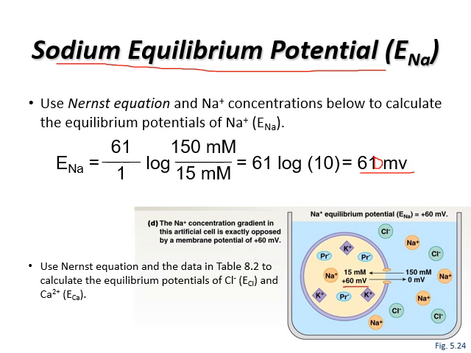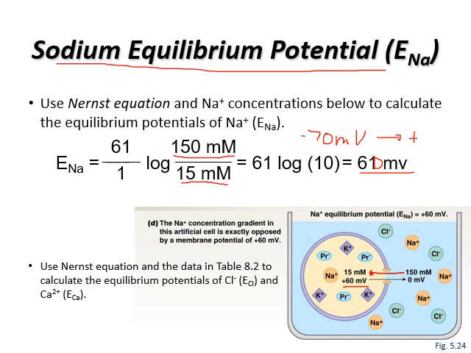This means that if the membrane was only permeable to sodium, with the physiological concentrations, sodium would rush in due to the concentration gradient. But as sodium rushes in, it brings a positive charge, and the membrane potential rises from negative 70 millivolts into a positive range.